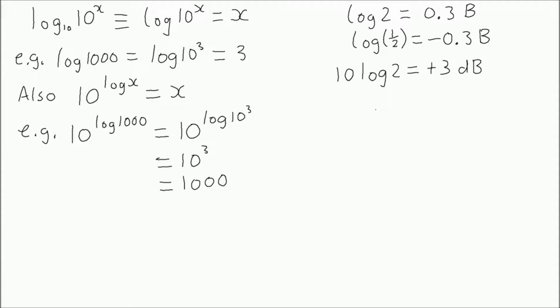And 10 times the log of a half is going to be 10 times minus 0.3, which is minus 3 decibels. Now I do realize that the 3 is not exact, but it's pretty darn close. It's 3.01, so it rounds off to 3 or 3.0. So that is how decibels are related to logs.